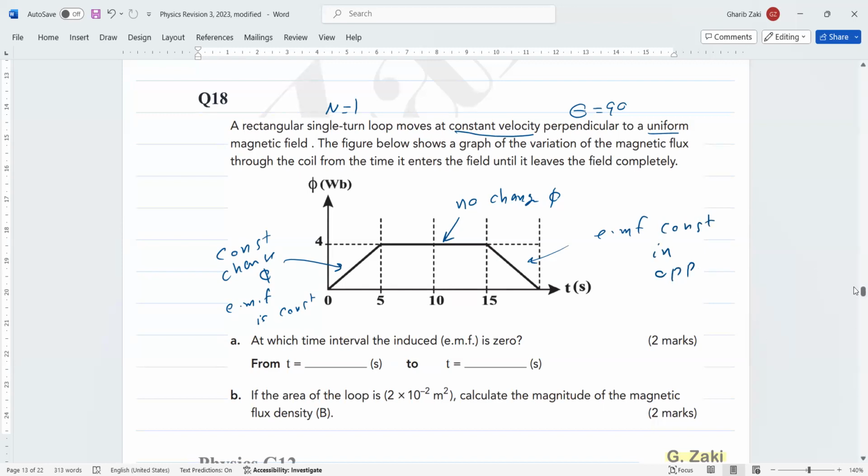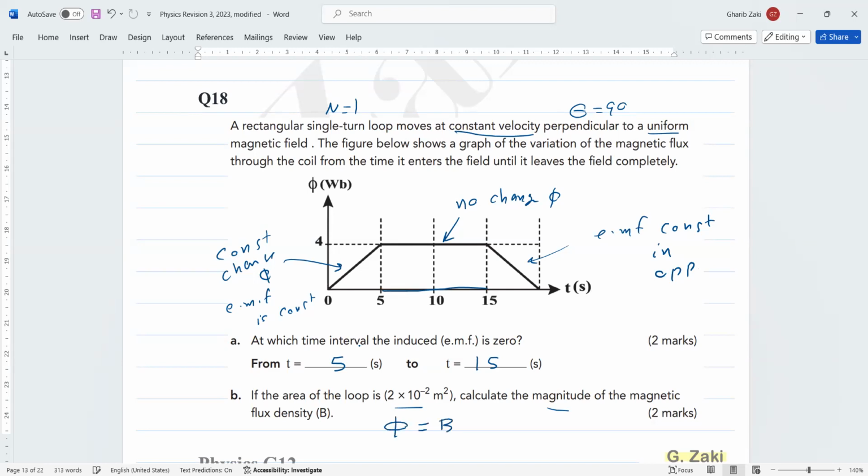Now we answer. Part A: at which time interval is this EMF 0? What is the interval? From 5 to 15, because there is no change in flux. Then calculate the magnitude of the magnetic flux density B. Now, which formula do we use? It's easy.